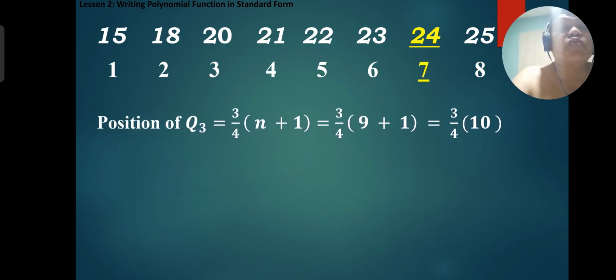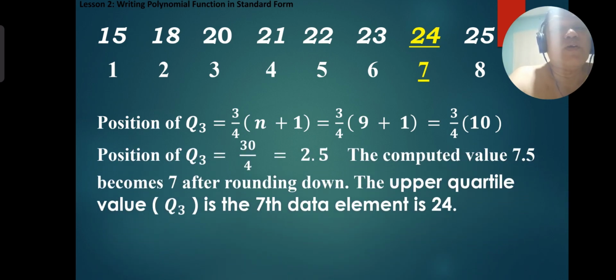So we compute the position of quartile 3, the upper quartile, which is equal to 3 over 4 times quantity n plus 1, equal to 3/4 times quantity 9 plus 1. This will be equal to 3/4 times 10. The position of quartile 3 is equal to 30 over 4, which is 7.5.